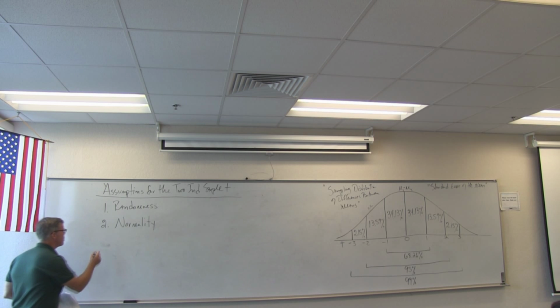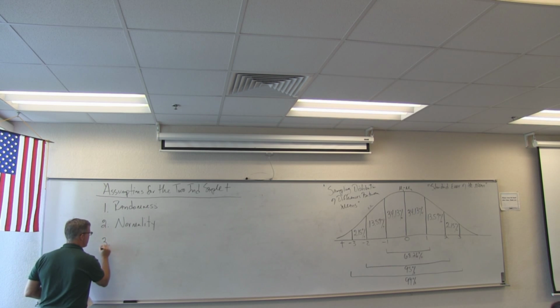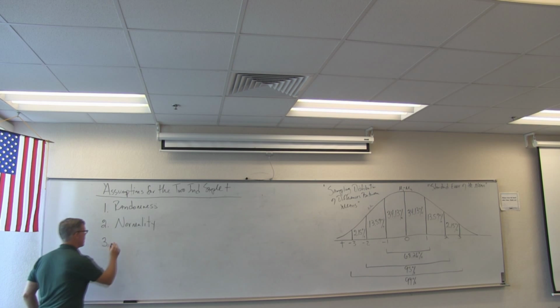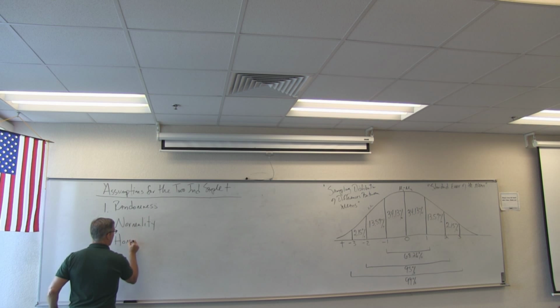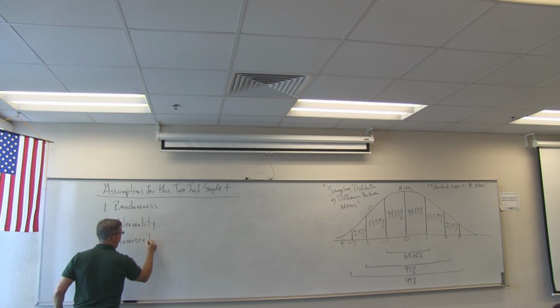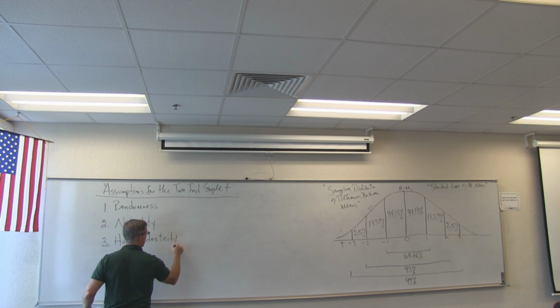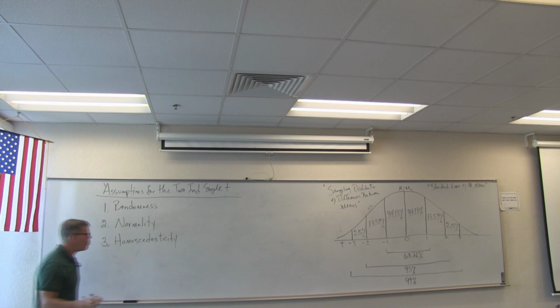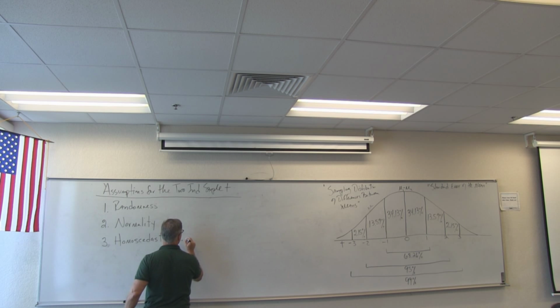Our third assumption for the two independent sample t-test is a new word, and it's called homoscedasticity. Big word. New word. It means homogeneity of variance.